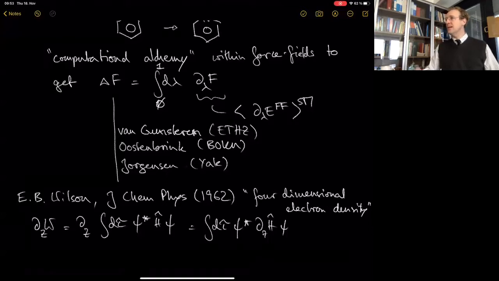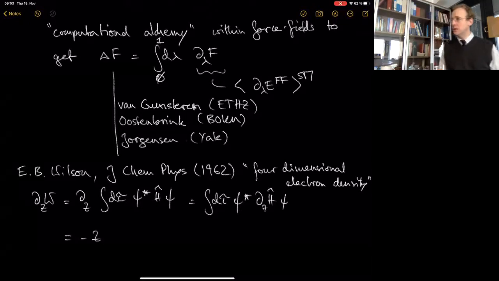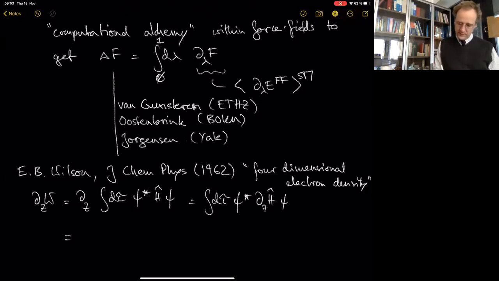And from this results, for the electronic term, then you have your charge, and this results in the integral of rho of x, y, and z.